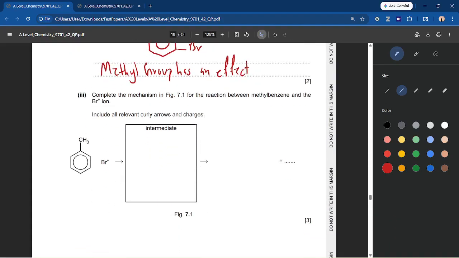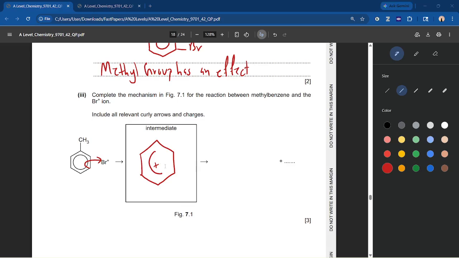Complete the mechanism in figure 7.1 for the reaction between methylbenzene and the bromine ion. So over here, we're going to show a curly arrow. So I'm doing that. And then again. Sorry, this is going to be incomplete, my bad.